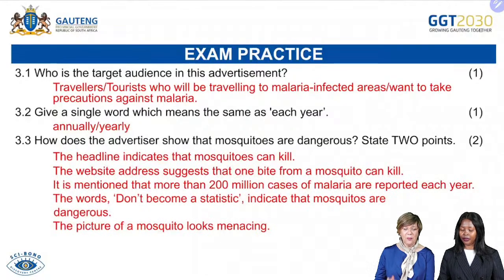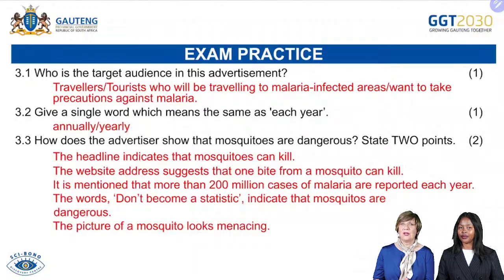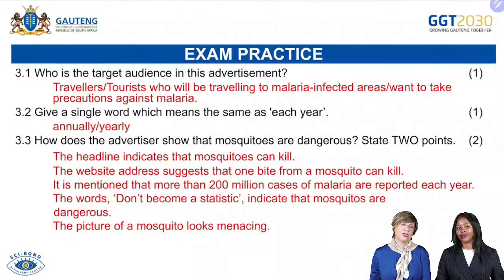All right, so remember we asked you, how do you know the mosquitoes are dangerous in this advertisement? Now, they weren't specific to refer you to the words or to the picture. So I would suggest do both. Go and see what you can find to show that mosquitoes are dangerous.